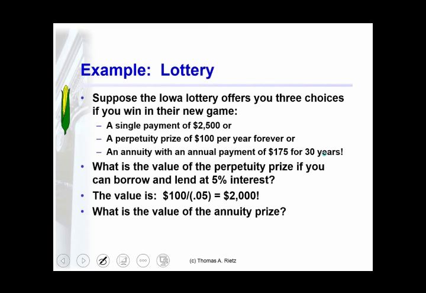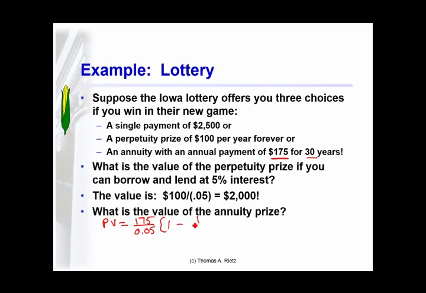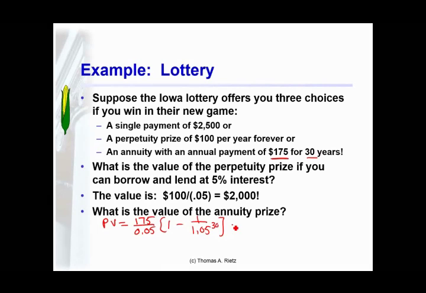So let's do another quick example. Let's go back to our lottery example. What is the value of an annuity prize with $175 for the next 30 years? Well, the value is the cash flow over interest, starts next year, ends in 30 years.